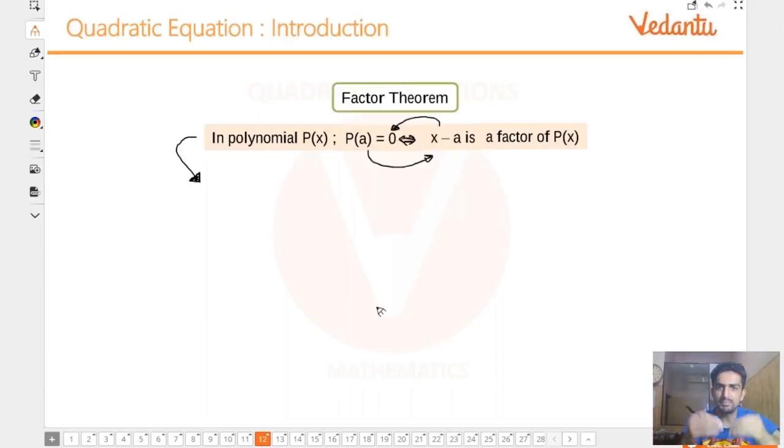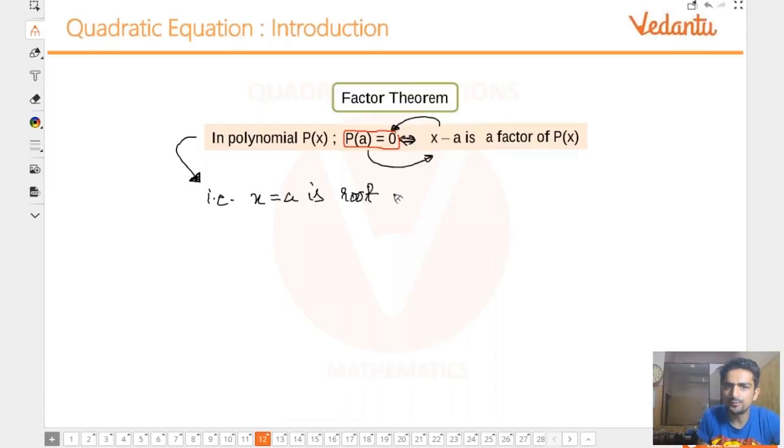Now let me just simplify it for you. I just concluded p of a equal to 0 means x equal to a is a root of p(x). That is the meaning of p of a equal to 0, a is a root of p(x).